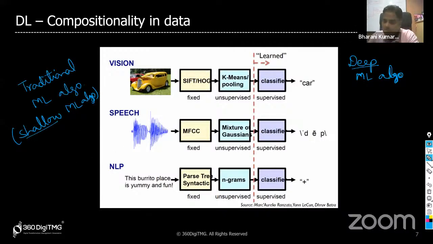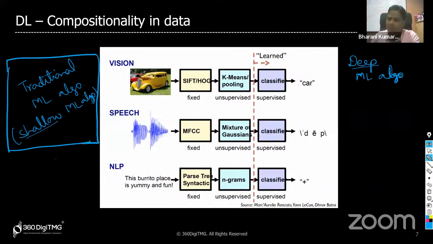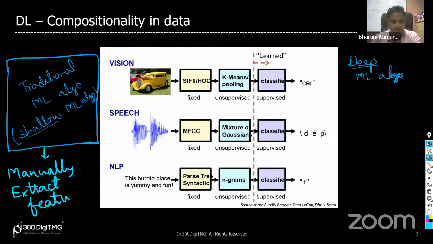When you use traditional machine learning algorithms like linear regression, decision tree, naive Bayes, or whatever, you have to manually extract the features.